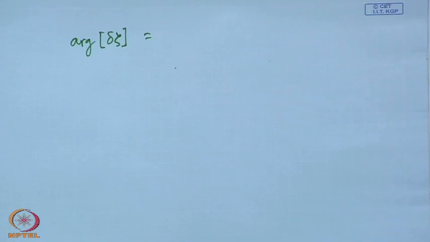We can think of this as two complex numbers, d zeta dz is one complex number, delta z is another complex number. So, what will be the argument of the product of two complex numbers? Sum of the argument of each.